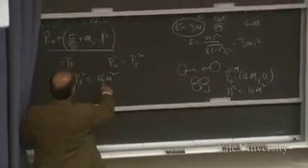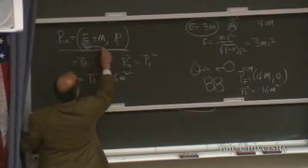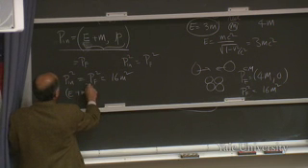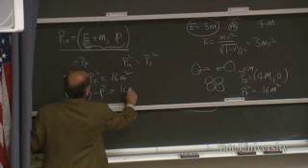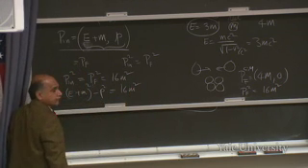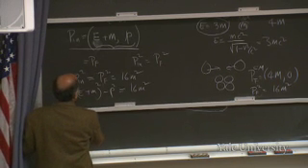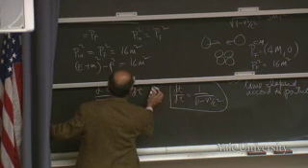So P initial square is 16m squared. So this is the topmost line. Find the square of this vector. It's E plus m squared minus P squared is 16m squared. So let's see where to write this. Maybe I'll write it here.